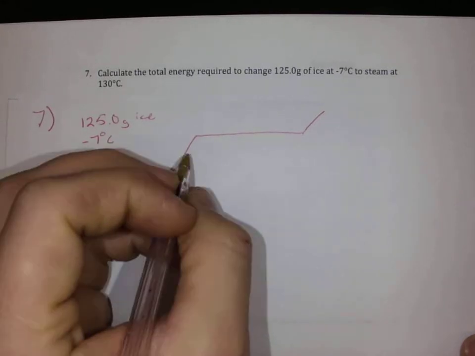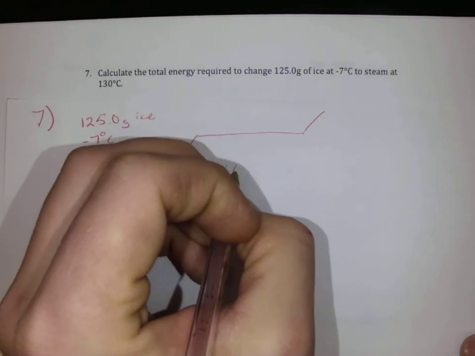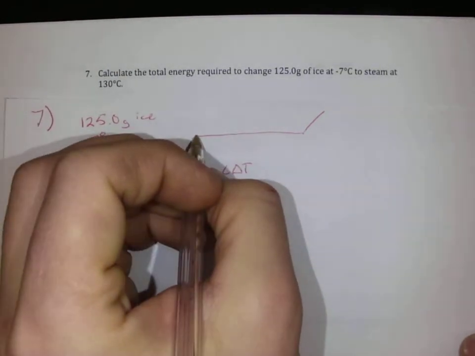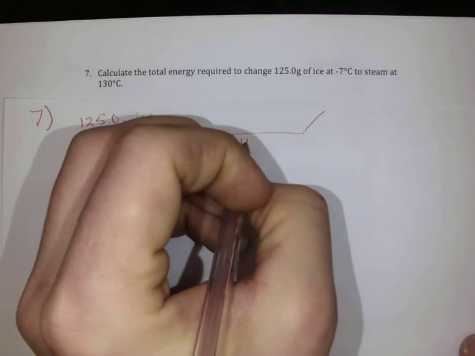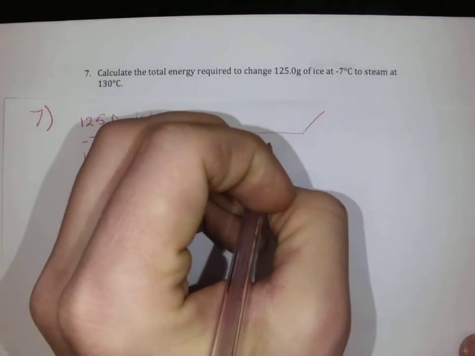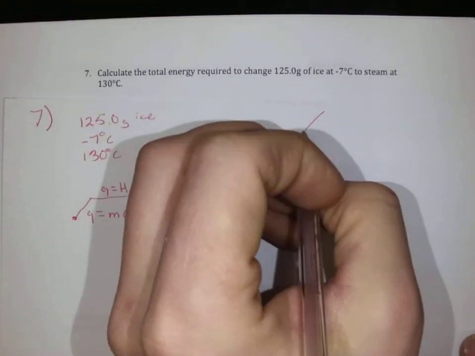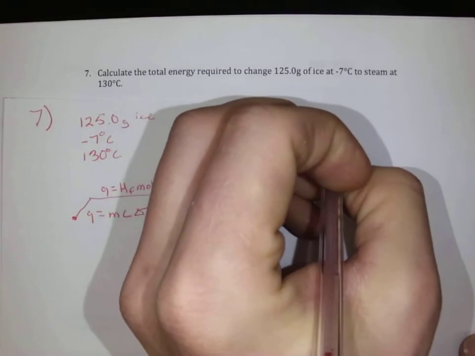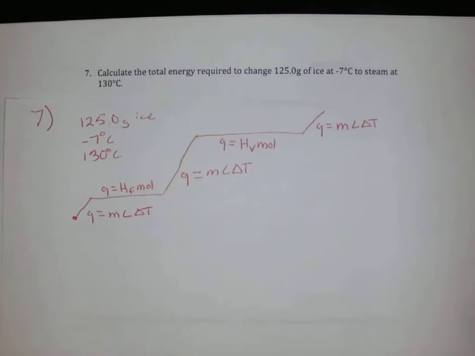Then we go from 0 to 100, that's Q equals mc delta T again. Then we go from a liquid to a gas. That's Q equals HV times moles. And then finally, we go from 100 degrees steam to 130 degrees steam, and that's going to be Q equals mc delta T again.